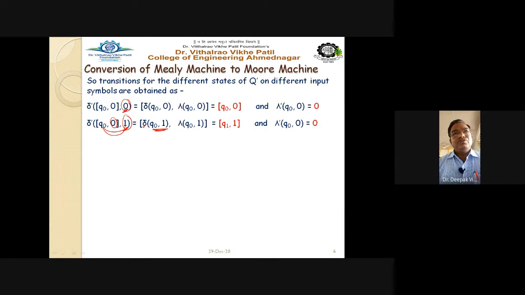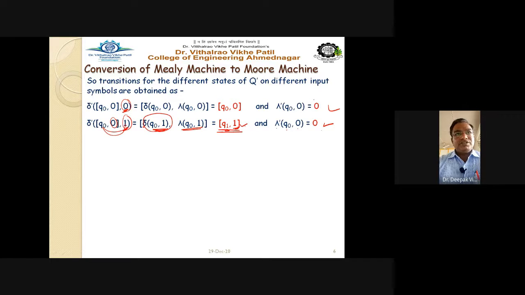So delta Q0 1 value is Q1 and lambda Q0 1 value is nothing but 1. That's why the answer is Q1. The answer is written in red color, so it is marked. It is written as Q1 in a square bracket, and lambda dash Q0 on 0 is equal to 0. So these two transitions are complete.